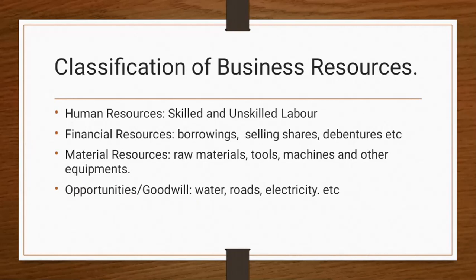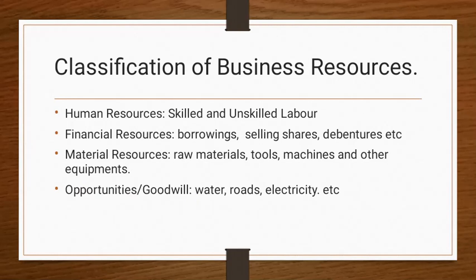So also to continue is the opportunity or goodwill. These include the facilities within the environment where you are about to start the business. They include water, tools, machines, roads, electricity. Those are things within the environment where you are starting the business, and they are very important for you.